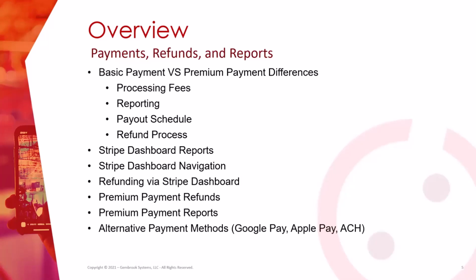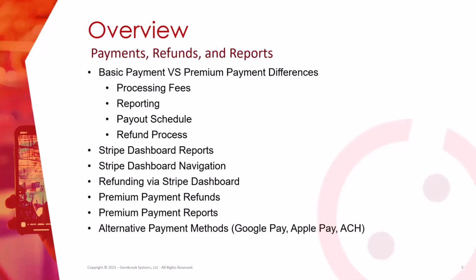I've got the Q&A pulled up over here, so I'll answer questions throughout if I see them. But very quickly, I know I just briefly talked about the payout schedule. So up here, one of the differences between basic and premium: if you're a basic user and you want to change your payout schedule, that's something that Club Express handles. So we just have to change that setting behind the scenes. So you can reach out to Club Express support and say, hey, what are my payout options?